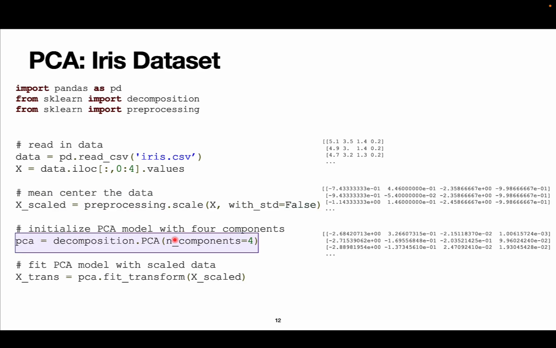Next, we initialize the PCA model, and notice here we specified that k equals n, so we're going to have a full transformation. Then we call PCA.fit_transform, which will find the principal components and transform the data to the new principal components.